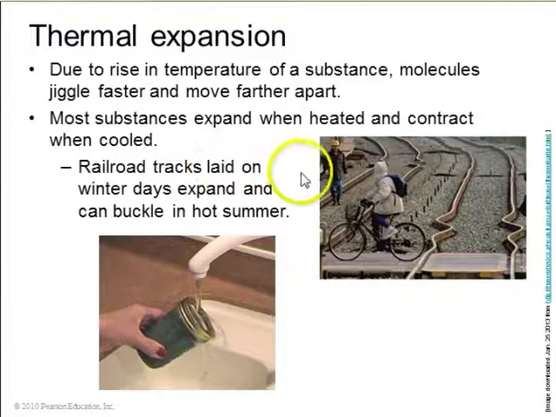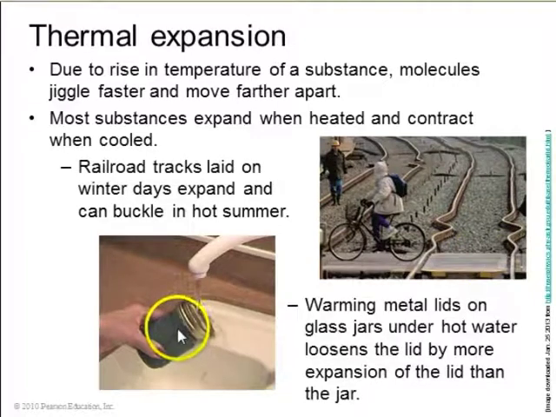For example, railway tracks that are laid down on a winter day, if they expand on a summer day, will sometimes buckle, as shown in this picture. Another example is a trick a lot of people know: if a metal lid is stuck to a jar, if you run it under hot water, it can expand the lid and make it get unstuck.